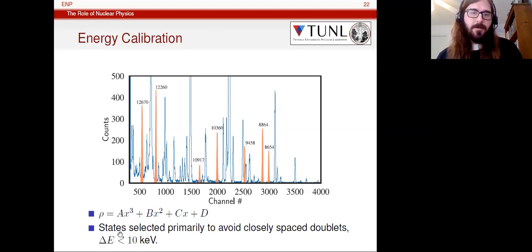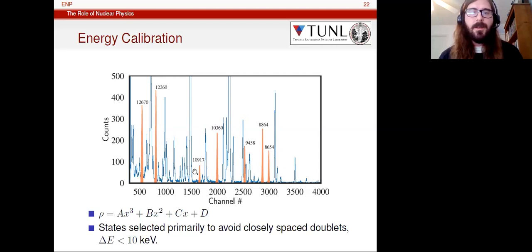The other thing we were careful about was picking states that did not have a known doublet within a certain energy range. If you get a state and a set of states that are separated by about 10 keV, if you pick the wrong one, you're going to throw off your entire calibration process.